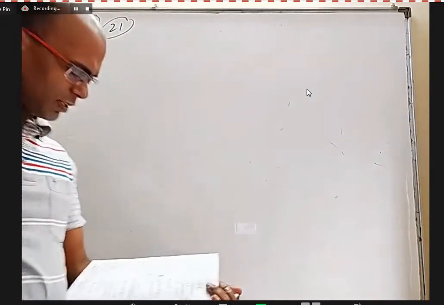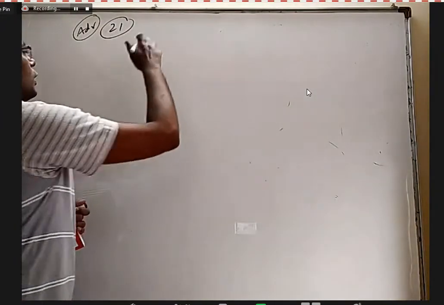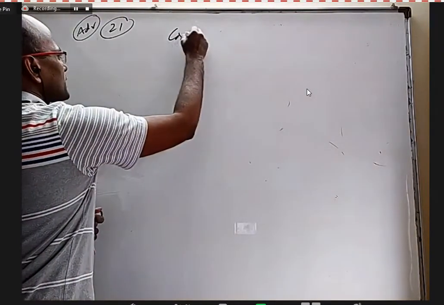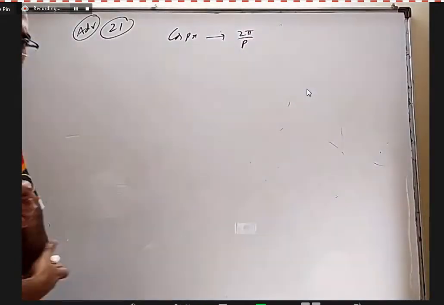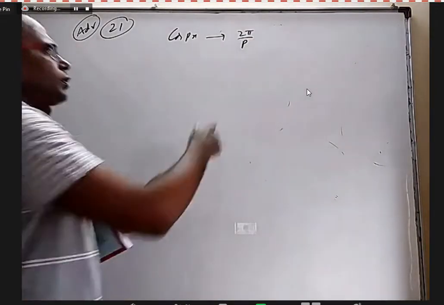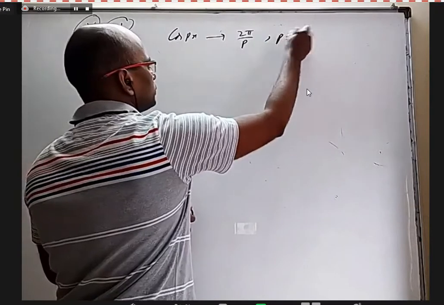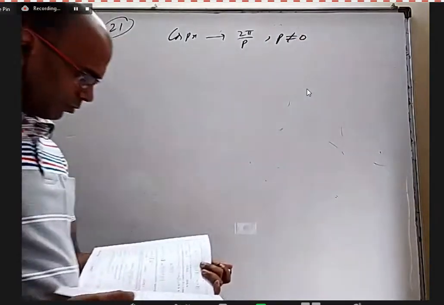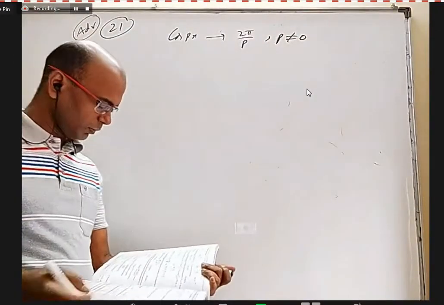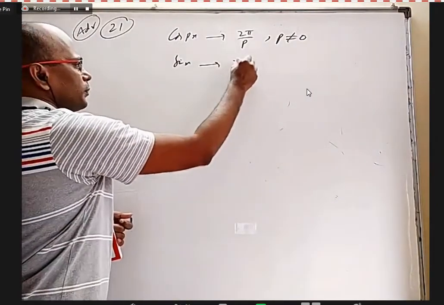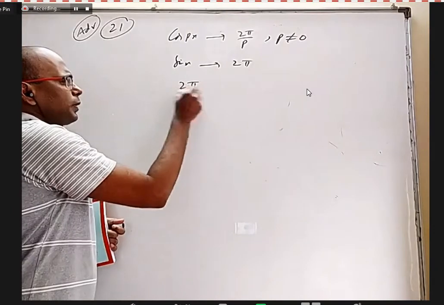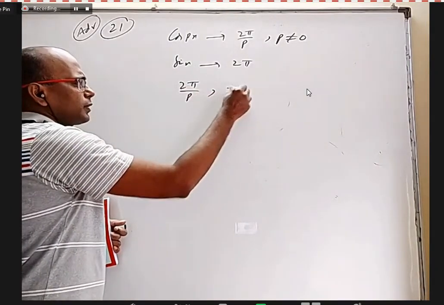Actually, the LCM should exist. Cos px, the period is 2 pi by p, provided p is not 0. If p is 0, it will become 1, and 1 plus sin x is periodic, so no problem. And for sin x, the period is 2 pi. So 2 pi by p and 2 pi, the LCM.